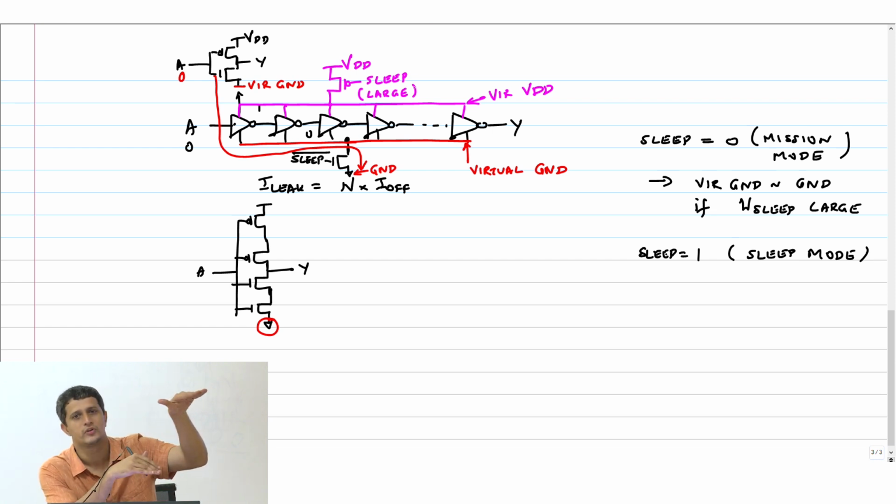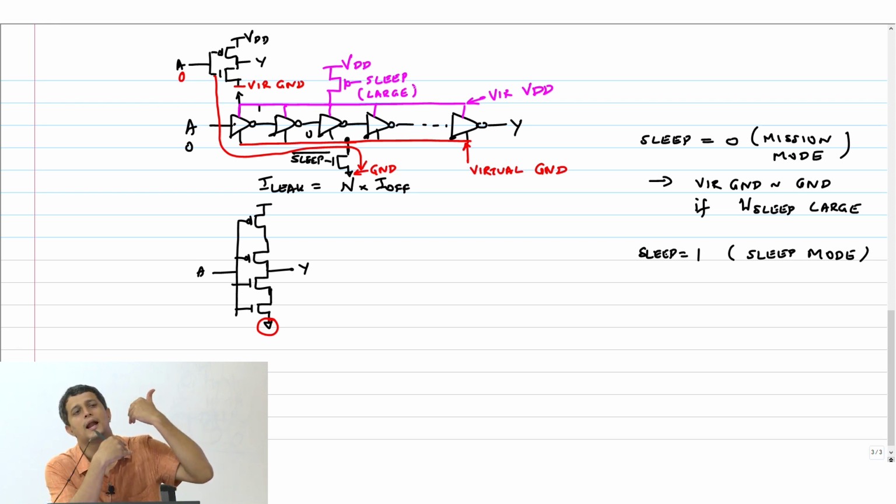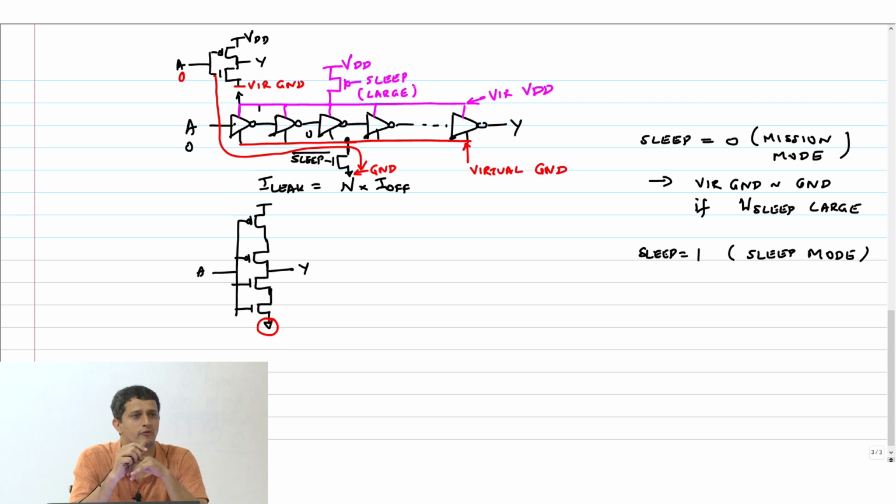Finally, you just remove this VDD connection, make it a virtual VDD, make the ground a virtual ground, and connect these sleep transistors in between the virtual grounds and actual ground, or virtual VDD and actual VDD connection. Then you are able to control this very, very effectively. So this is a very powerful technique to control the leakage in the sleep state. So when your mobile is not being used, for example, then the operating system can actually figure this out and put it into the sleep mode.